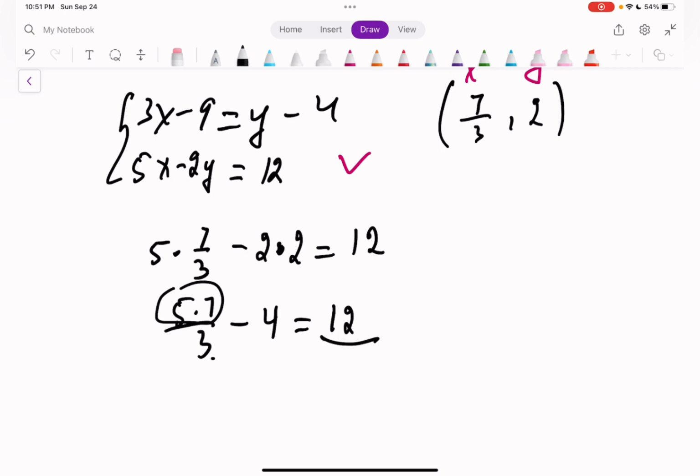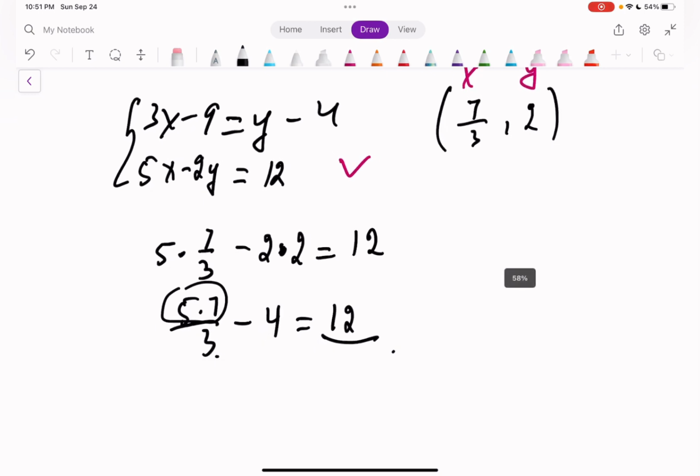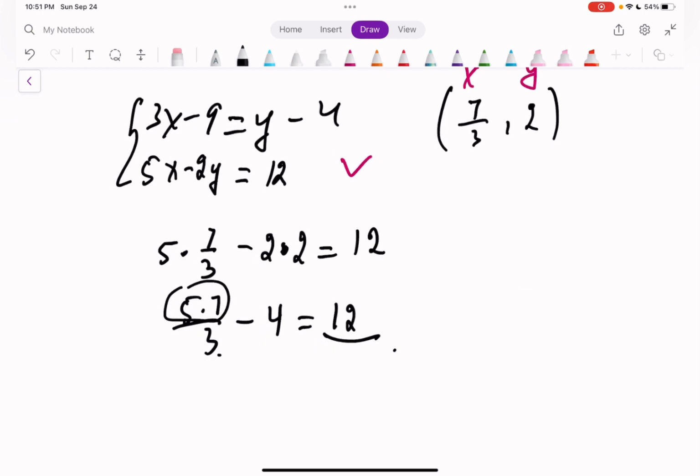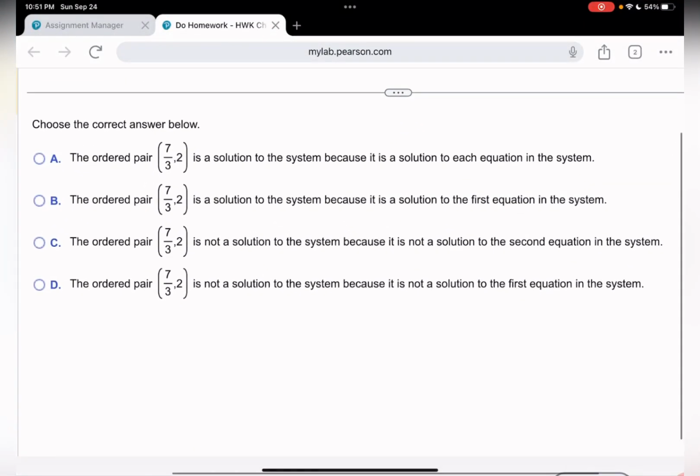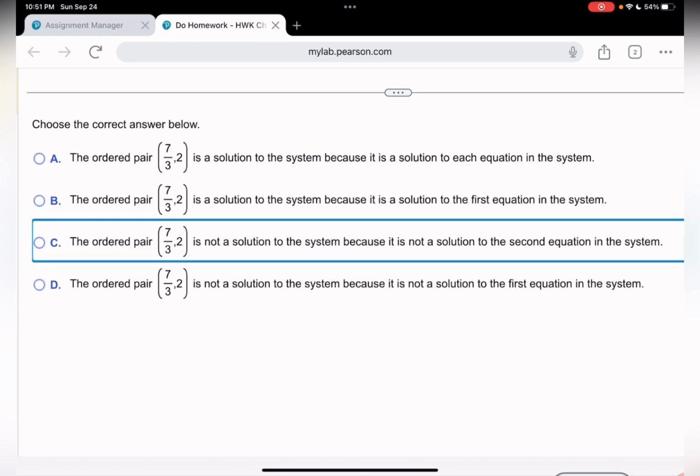Here 35 by 3, I'm not getting a whole number, so I will end up with a fraction. But on the right side, it's a whole number, so it's not going to satisfy. So we are done with this one. It is not a solution to the system because it's not a solution to the second equation. Okay, because I started with the second.